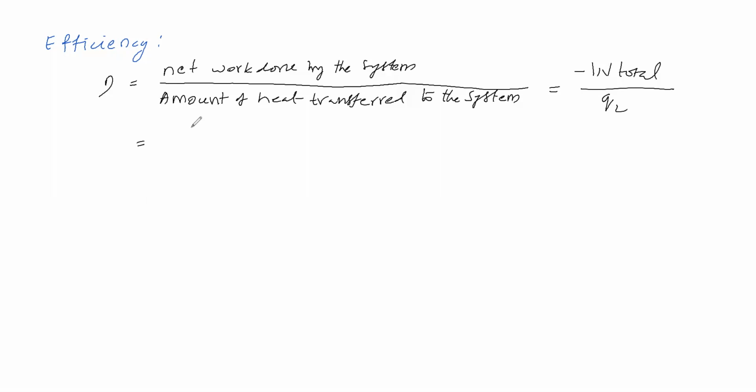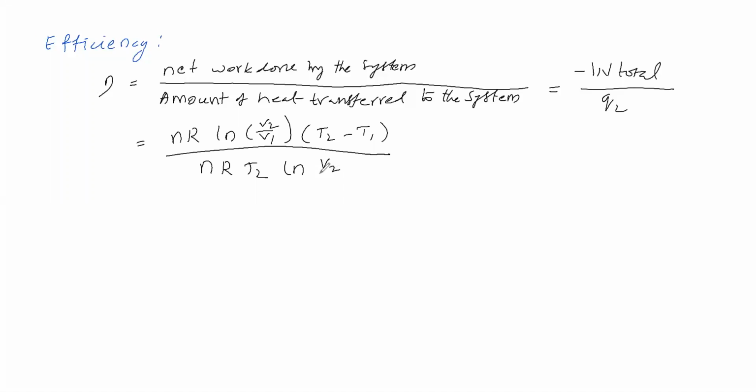Minus W total is NR ln V2 by V1 into T2 minus T1. That we can write. By Q2 we will substitute. Q2 in the first step is NR T2 ln V2 by V1. What are the common things that we will cancel?